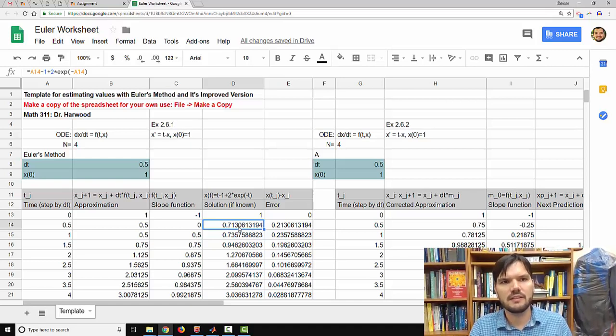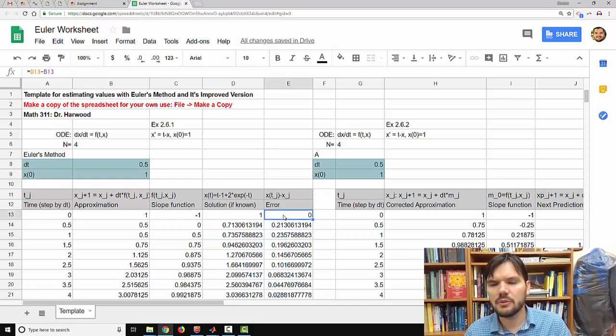As you expect, the t is from column A, and the exponent is also from column A. And then the error is computed by the true minus the approximate. So the true solution value from D minus the approximation from B.